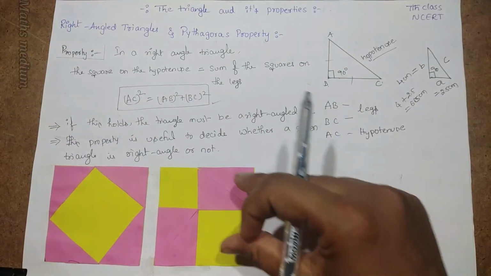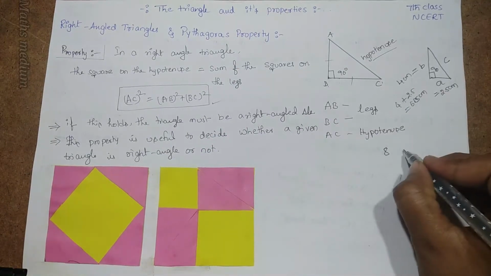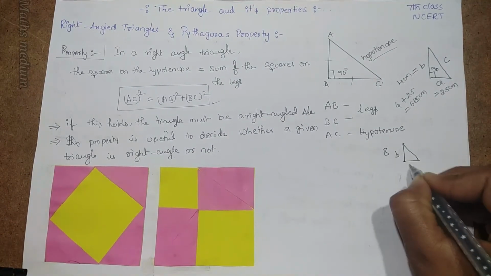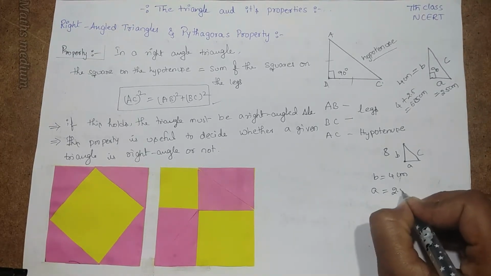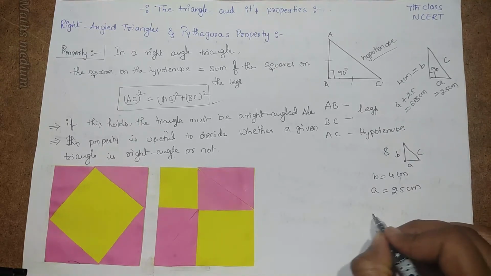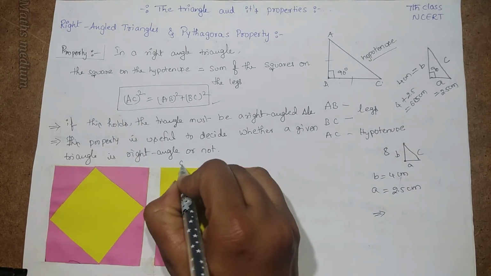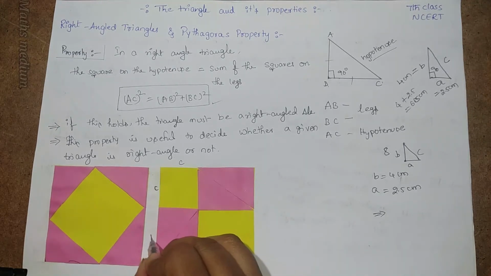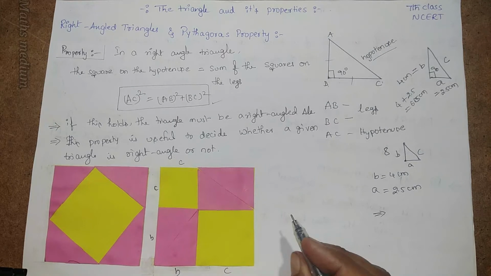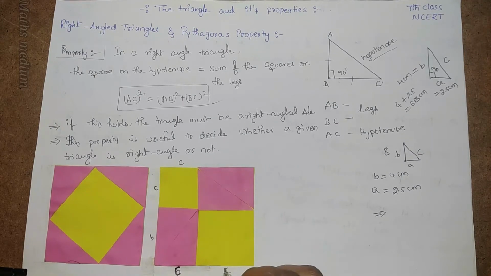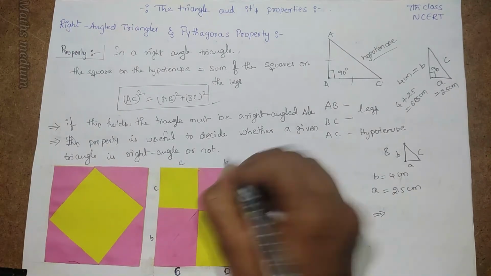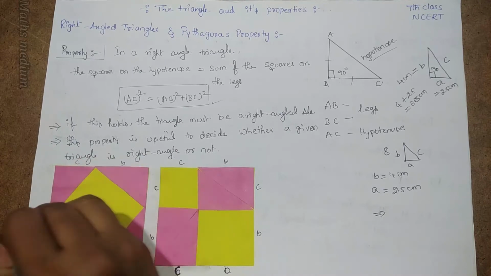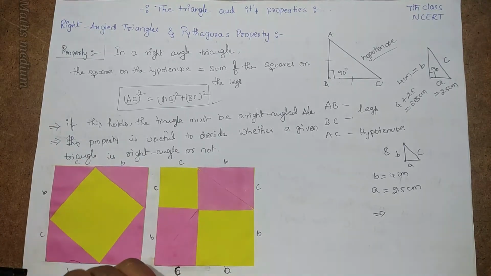These are the 8 similar triangles like BAC. Here B is 4 centimeters and A is 2.5 centimeters, and this is C, and here also C, here B, and here B, here C, and so on around the figure.